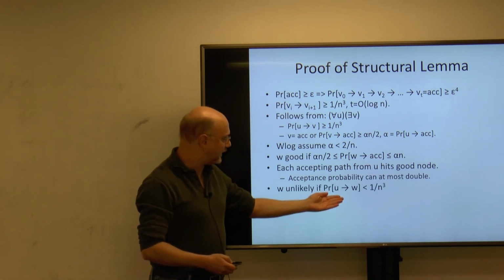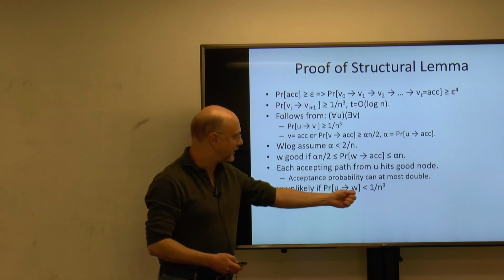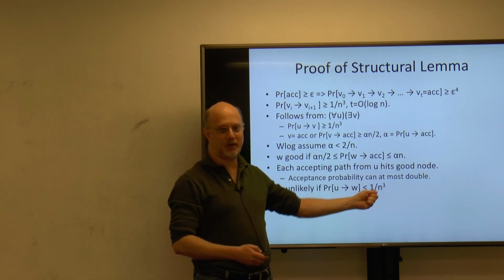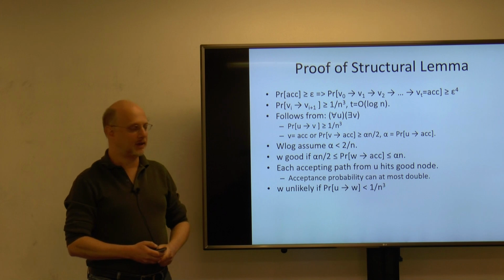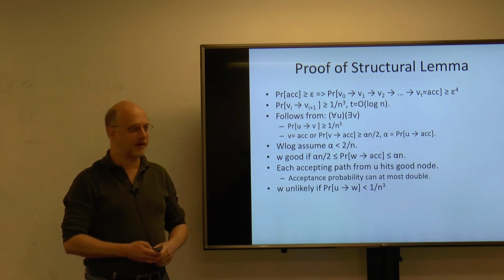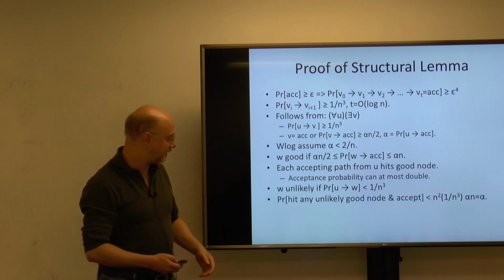Okay, let's call W unlikely if the probability of hitting W is less than 1 over n cubed. So really, we want to avoid unlikely nodes. Well, now we can just do a union bound argument.